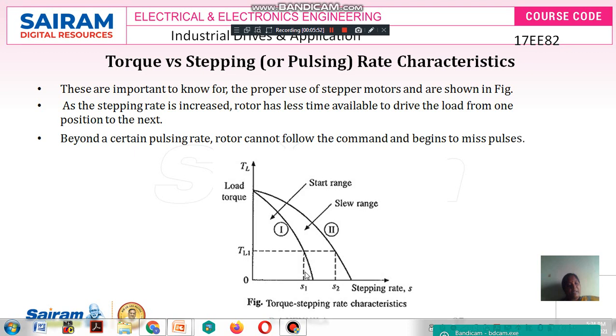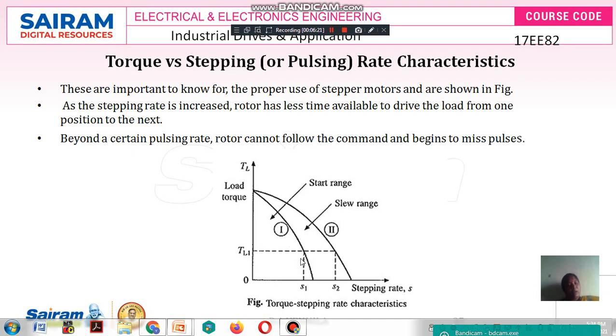At stepping rates corresponding to the slew range, the motor cannot be started or reversed without losing steps. To attain the slewing speed, whether from rest or from bidirectional mode, the motor must be accelerated carefully, starting from a lower pulse rate.